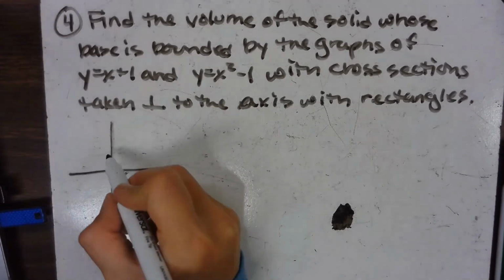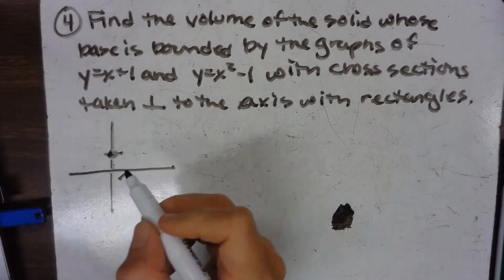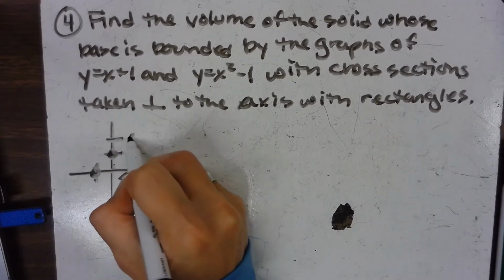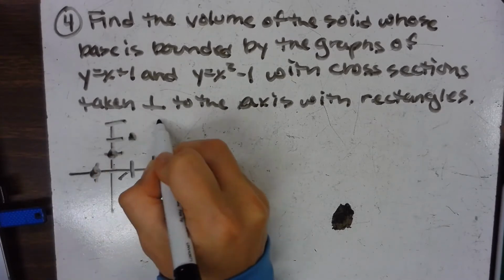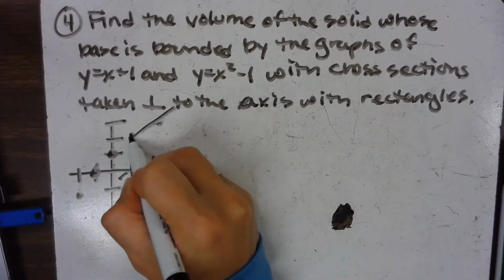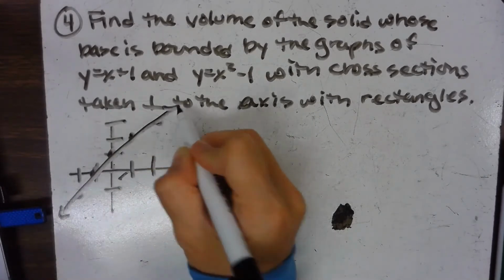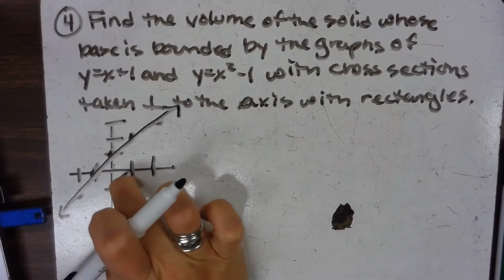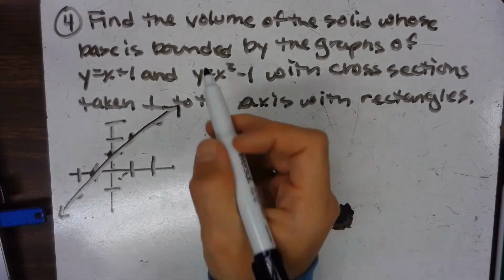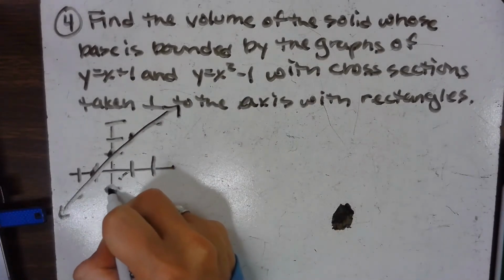The y-intercept is 1. It's down 1 over 1. Sorry it's not that straight of a line. And then let's see, we've got that vertex is at -1.